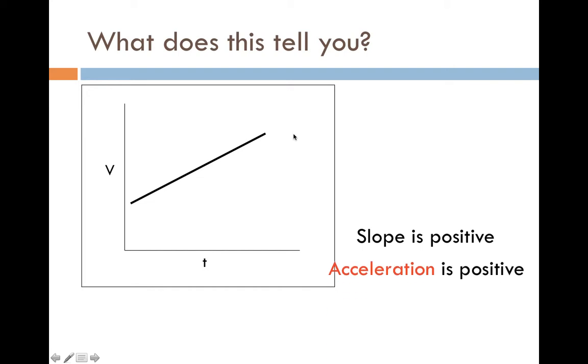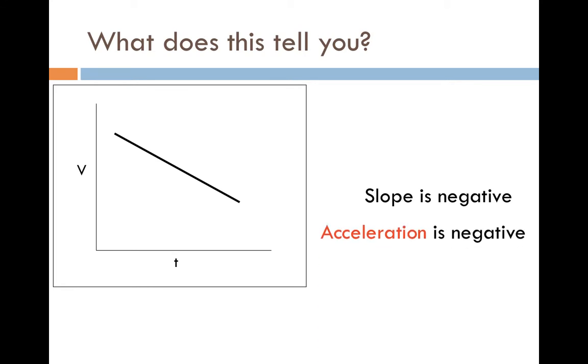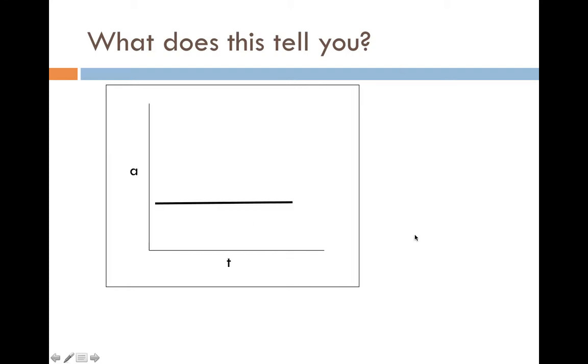So it has a positive acceleration. All right, this is a negative slope. Therefore, the acceleration is negative. So you're just replacing the word slope with what it represents.